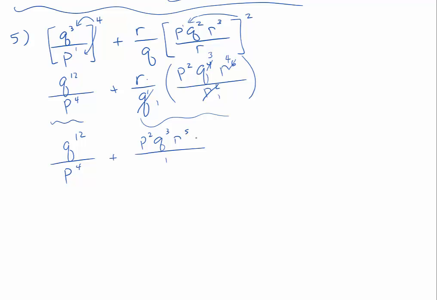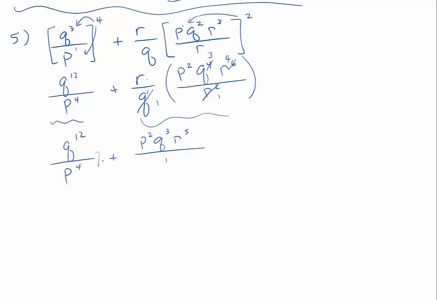I put it over 1 just so we can see what happened, but really I should leave it as over 1 because I'm going to have to do that anyway to find a common denominator. I would have this stuff as a whole number, you might say, but when I have to add it to this fraction over here, I have to put it over 1 so that I can have a common denominator.